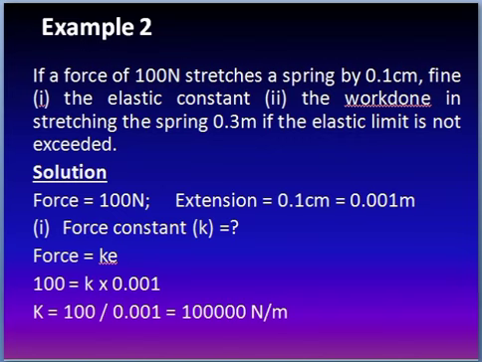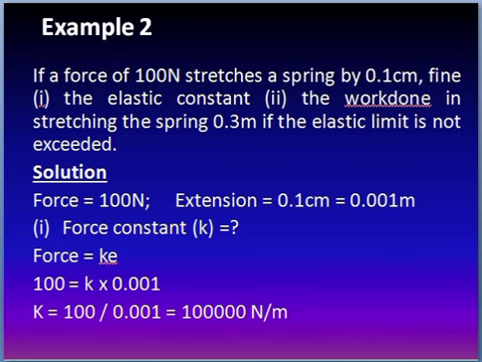The second example given to us is: if a force of 100 Newton stretches a spring by 0.1 centimeter, find 1. The elastic constant. 2. The work done in stretching the spring 0.3 meter, if the elastic limit is not exceeded, which means if Hooke's law is obeyed.